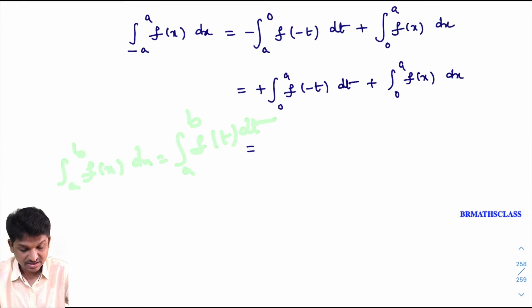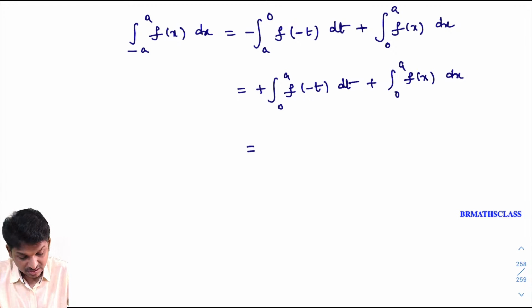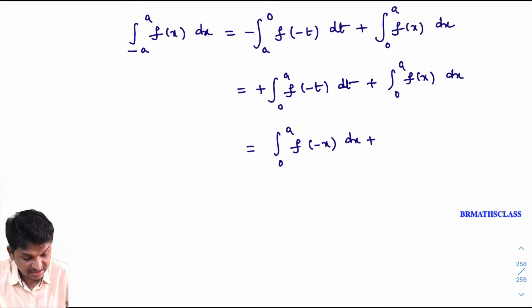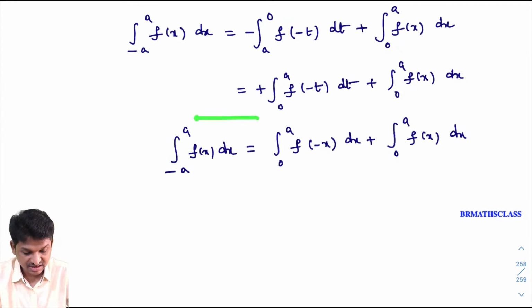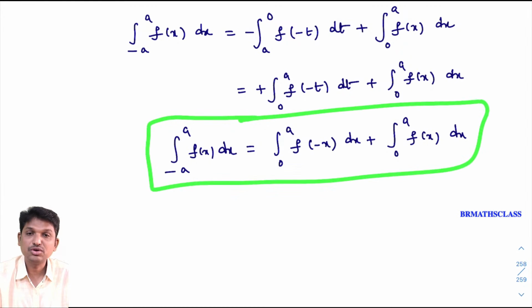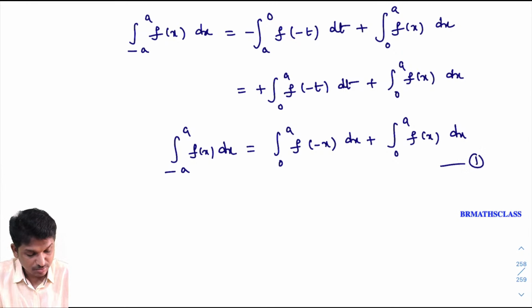So here, in place of t I can write x, because we learned this second property: integral of 0 to a f of x dx. So integral of minus a to a f of x dx is integral of 0 to a f of minus x dx plus integral of 0 to a f of x dx. You can take this as a formula. Further, we will proceed from this only. I'll take this as equation number 1.